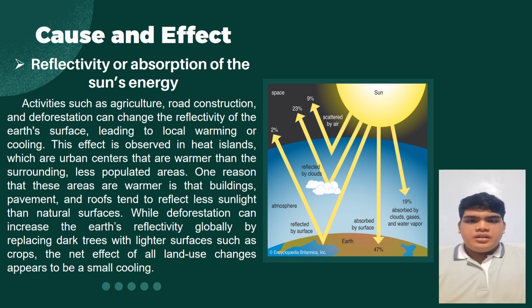One reason that these areas are warmer is that buildings, pavement, and roofs tend to reflect less sunlight than natural surfaces. While deforestation can increase the Earth's reflectivity globally by replacing dark trees with lighter surfaces such as crops, the net effect of all land use changes appears to be a small cooling.